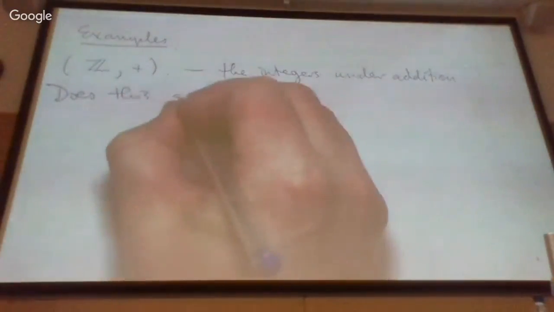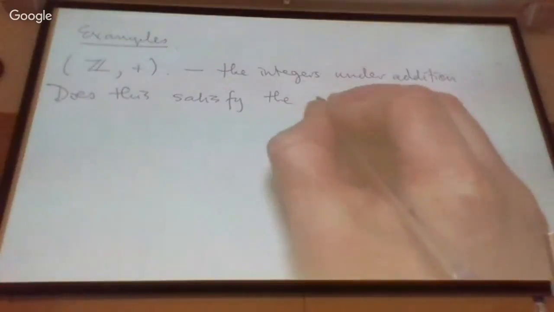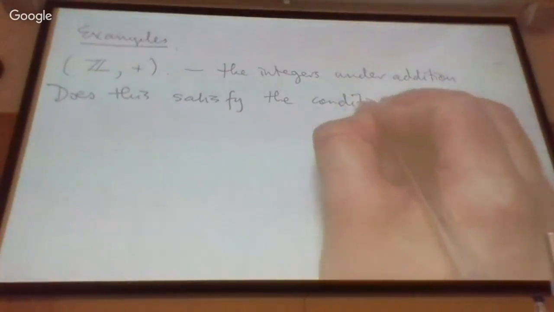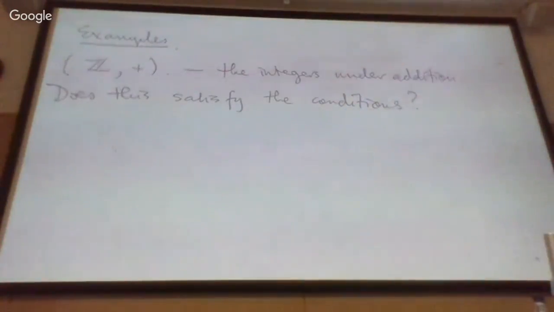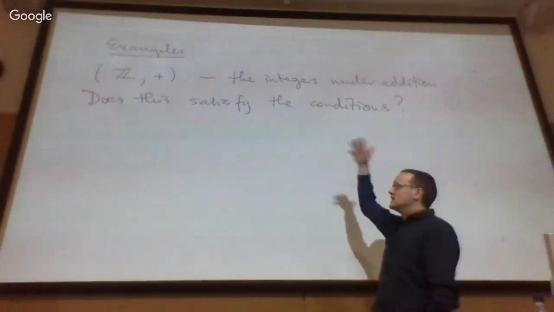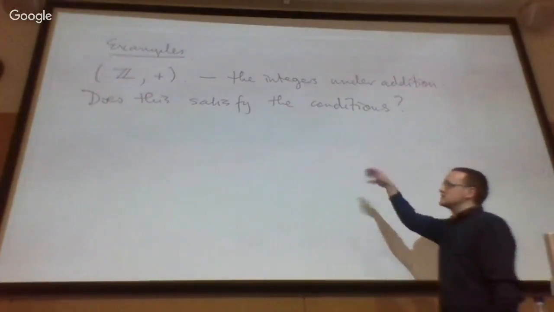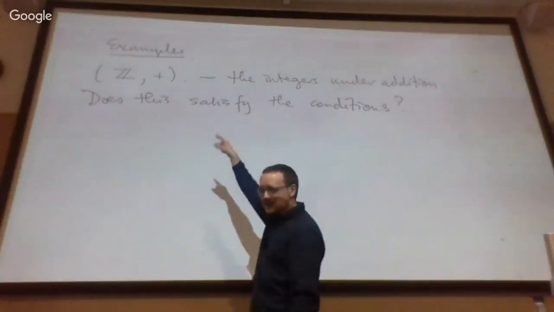So does this satisfy the conditions in the definition? Now, we're not going to give a proof so much, proving that the conditions are satisfied for the integers. That would involve some quite dry technical set theory work based on what exactly the integers are.